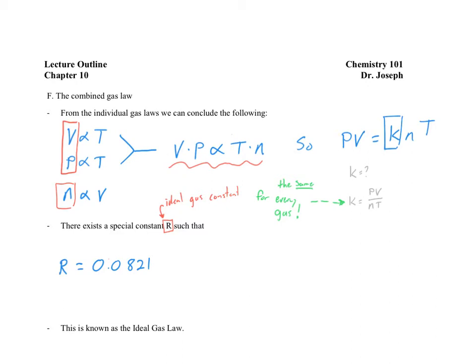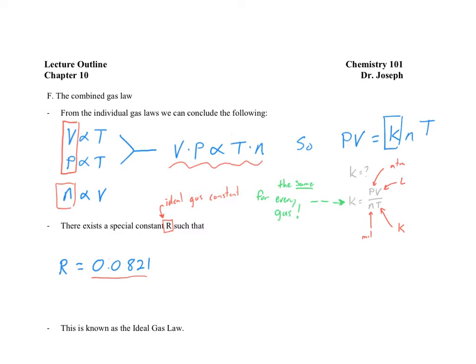Let's talk about what each of those units is for this value, 0.0821. For pressure, we're using the unit atmospheres. For volume, we're using liters. For moles, we're just going to stick with moles, M-O-L. And for temperature, we will use the Kelvin. This is the unit system that we use to get this value 0.0821.